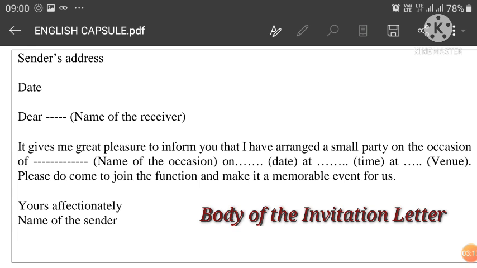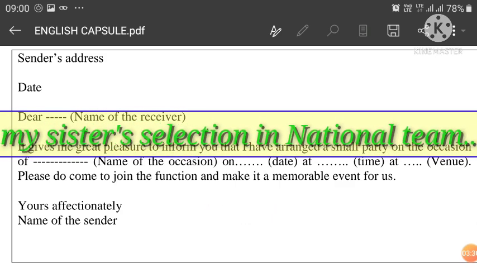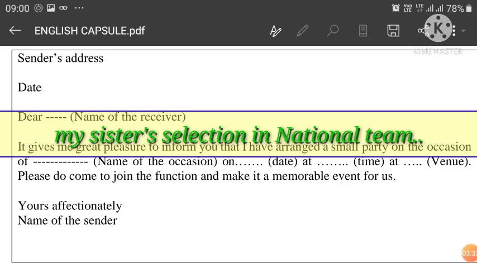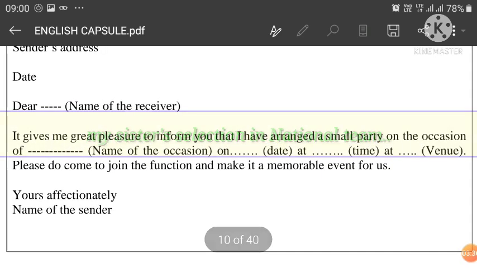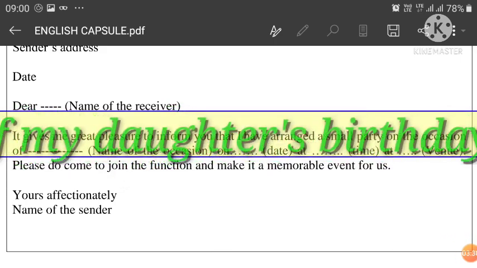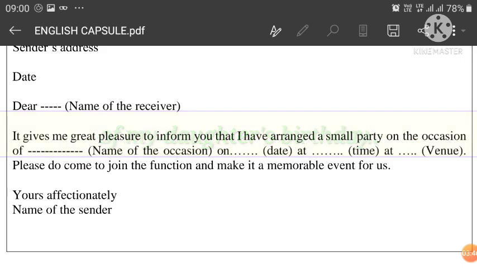It gives me great pleasure to inform you that I have arranged a small party on the occasion of my housewarming ceremony, on the occasion of the selection of my elder sister in the interstate volleyball team, or on the occasion of my daughter's birthday, my daughter Ritika's birthday.